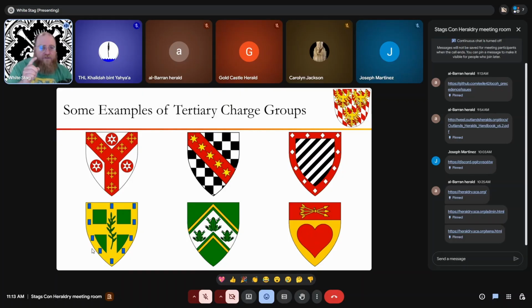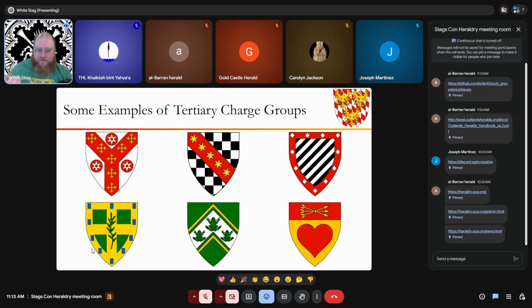The crosses crosslet, the yellow crosses on the pall, are tertiary because they are charges which sit on top of the pall. And the spur rowels, the pierced white stars on top of the red roundels, are also tertiary charges. They are charges on top of the secondary charge group, the secondary roundels.